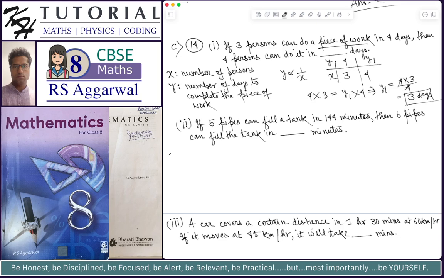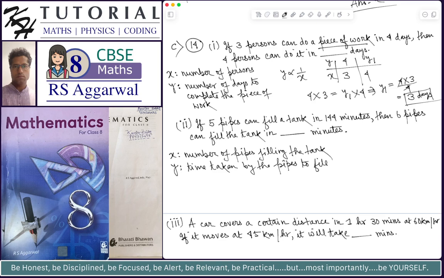So let's write it. Let x be the number of pipes filling the tank, and the quantity y be the time taken by the pipes to fill the tank in minutes.